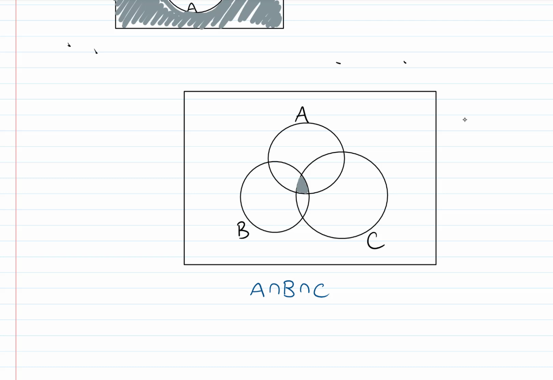Let's do A intersect B union C. So that's everything that's in A and B, so that would be this stuff, along with everything in C. So that'll pick up that and this and all of this stuff.